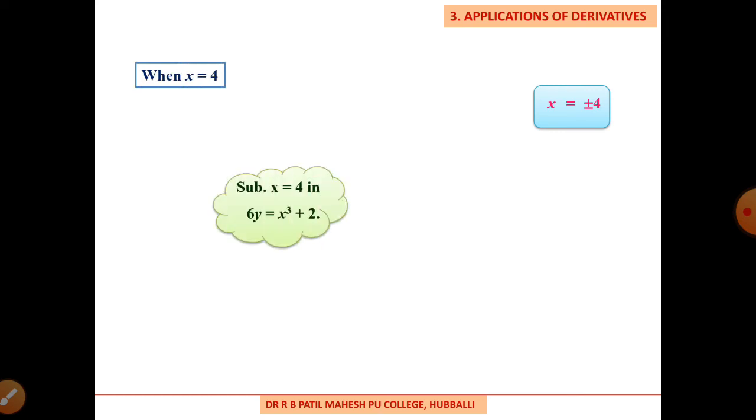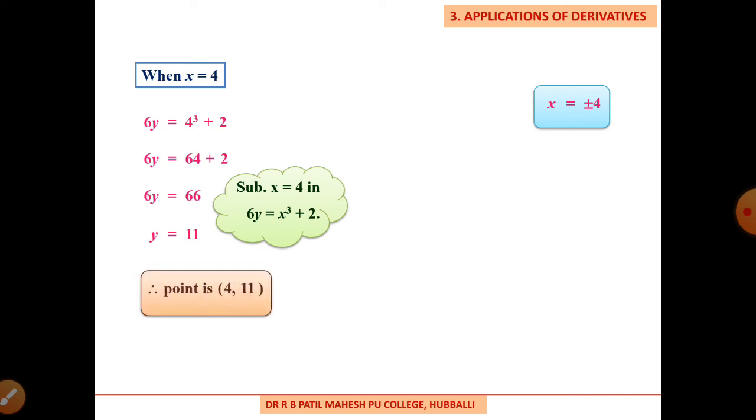Now by using this value we can find the y term. So 6 times y equal to, put x equal to 4 here, we get 6 times y equal to 64 plus 2. 6 times y equal to 66, or y equal to 11. So therefore the point is 4 comma 11. Next, the second point, when x equal to minus 4.